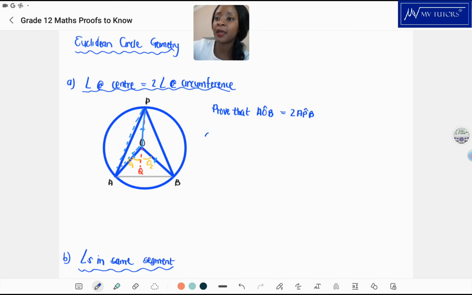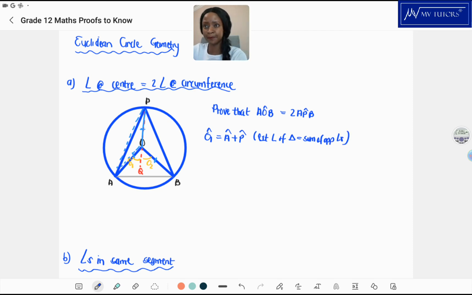So O1, as I've said, is an external angle to triangle AOP. So O1 is equal to A plus P, and why? Because that is the external angle of the triangle, which is equal to the sum of the opposite angles.